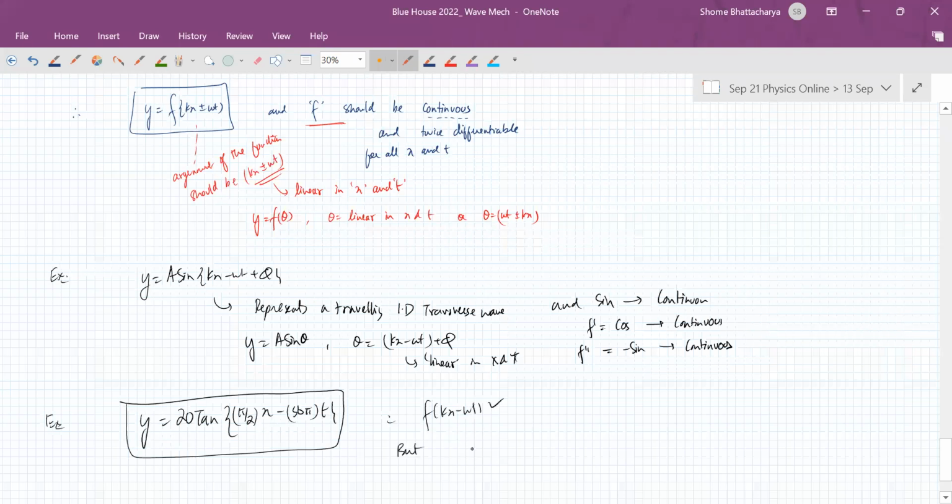But f is not continuous because f is the tan function, and you can see that this function is discontinuous at theta equal to pi by 2, 3 pi by 2, 5 pi by 2, etc.